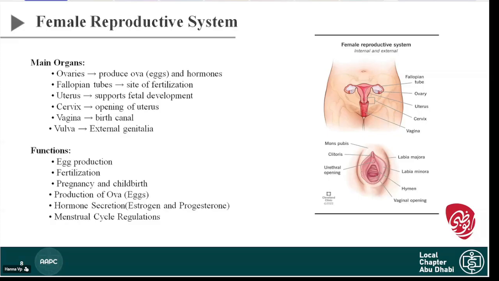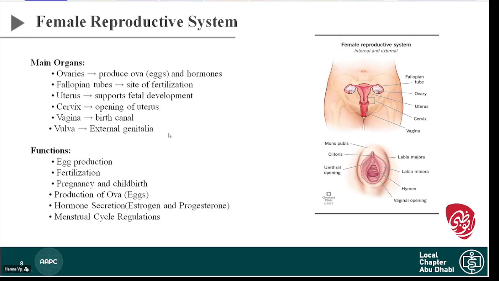External parts means parts you can locate on the outside of the body, like the mons pubis, clitoris, labia majora, labia minora, hymen, vaginal opening, and urethral opening. These we can consider as the external part of the female reproductive system. And the vagina is the birth canal.